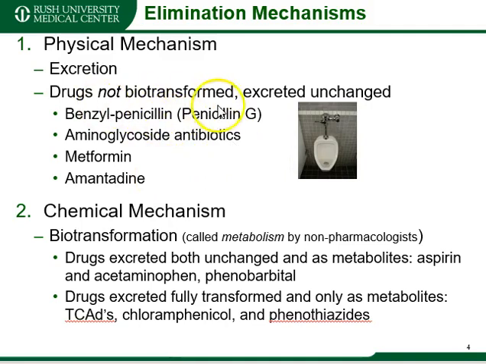And so a classic story, which you may have heard, is that back in the late 1930s, early 1940s, when penicillin was in short supply, patients that were being treated with penicillin were instructed to collect their urine.